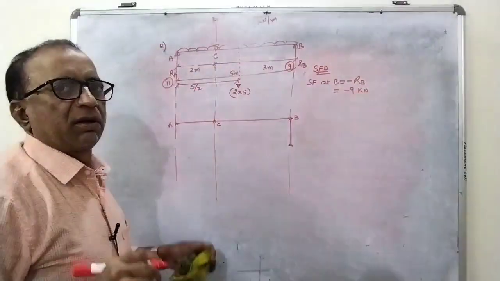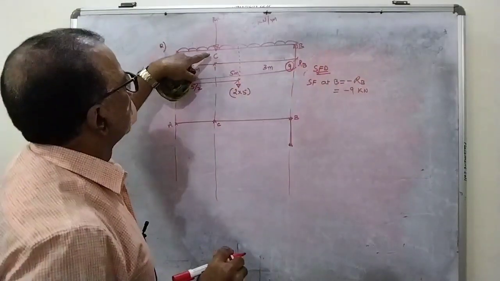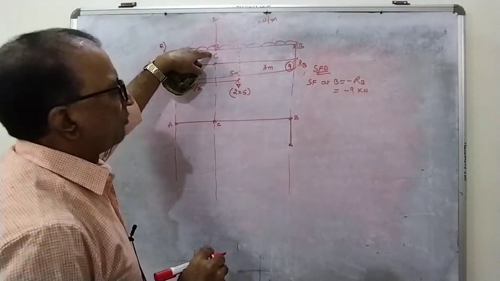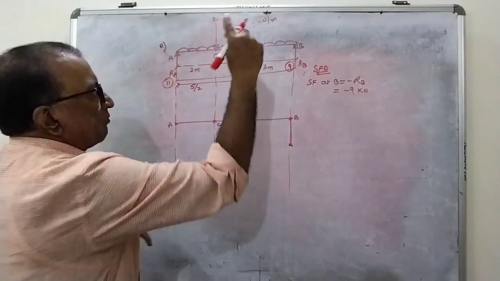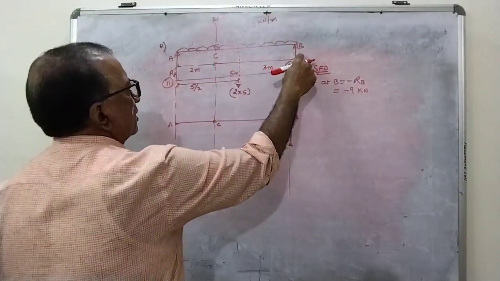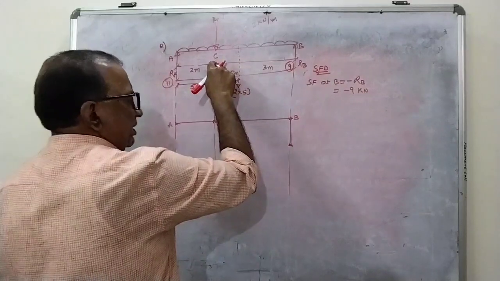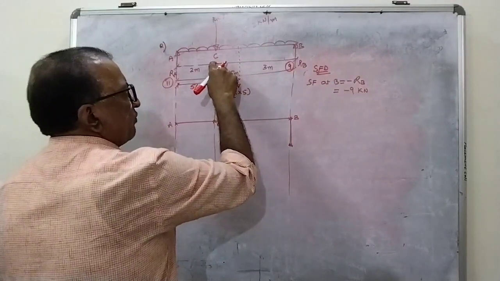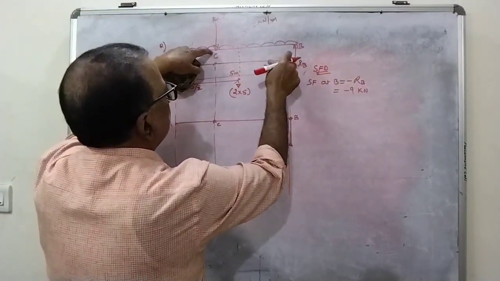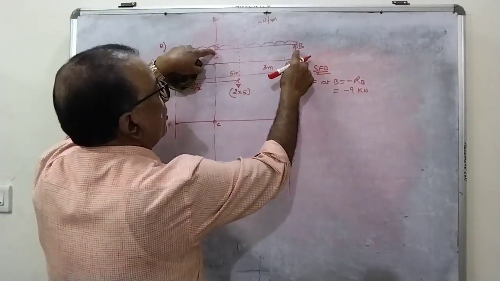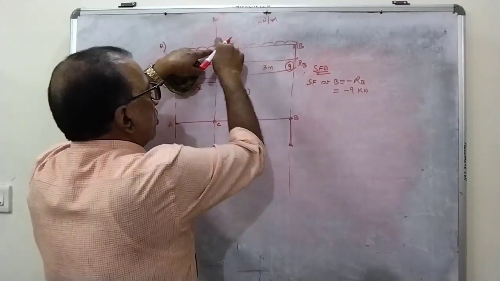Now here I want to concentrate on one very important point, that is when you start from B, your next point is, it is obvious, it is C, but before moving to the C, you can see how many loads are acting. UDL in between B and C and point load. 2 loads are acting at a time.